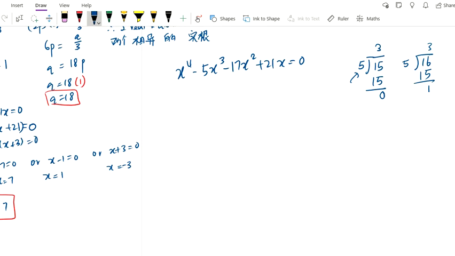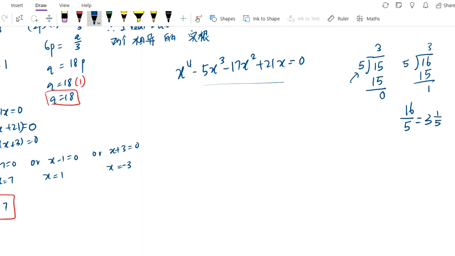Same thing with algebra: if we divide the whole polynomial by something and we don't get any remainder, then it is a factor. We know that 15 divided by 5 is 3, a whole number, so 5 is a factor of 15. But for 16 divided by 5, how do you write it? It's actually a mixed number, 3 and 1 over 5, right?